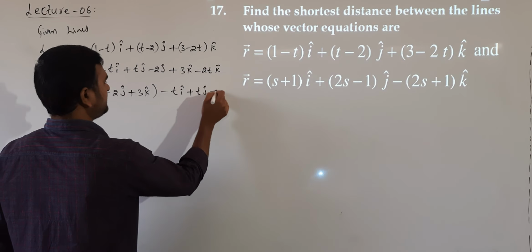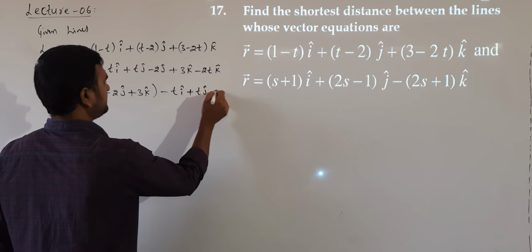So it is i minus 2j plus 3k plus t, taking t common, (minus i plus j minus 2k). So now it is in the standard form, r bar equal to a bar plus lambda b bar. In place of lambda we have t, where t is a scalar, t belongs to real numbers.